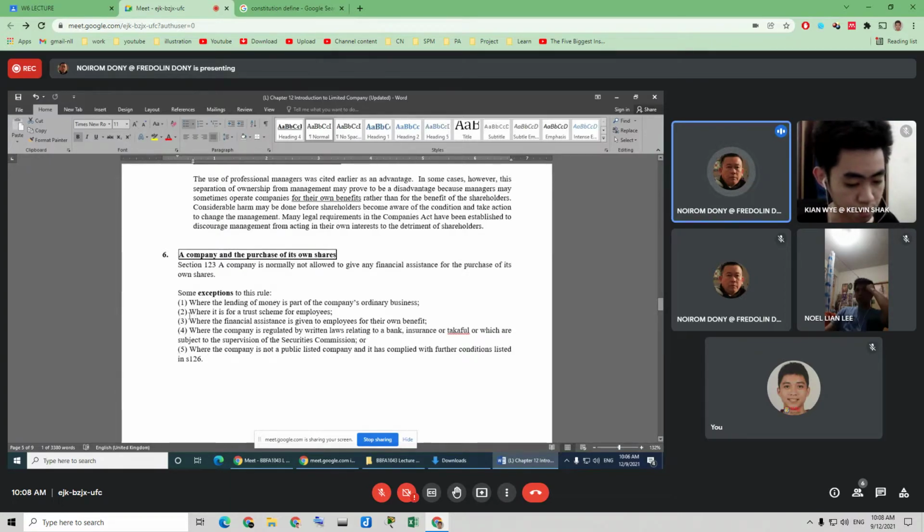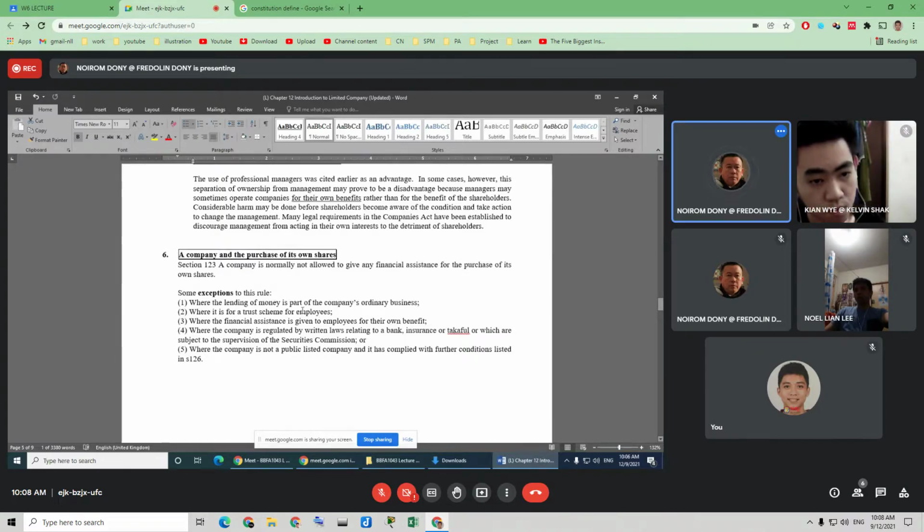There are 5 situations. So one of the exception is one of the ordinary business activity of the company is giving loan, yeah, lending of money. And then where it is for a trust scheme for employees.